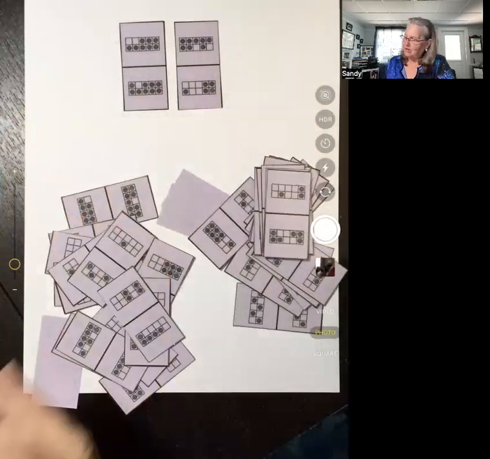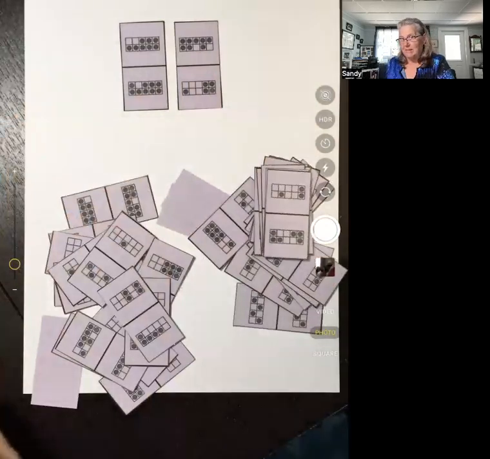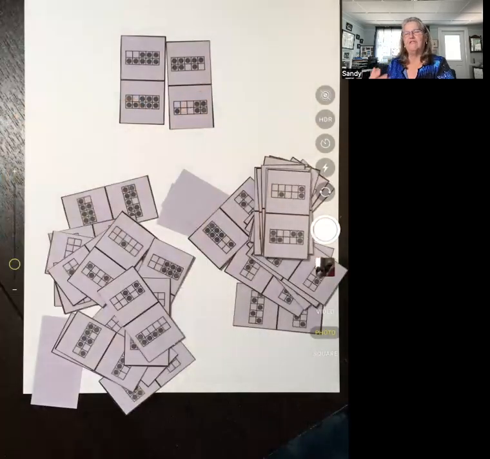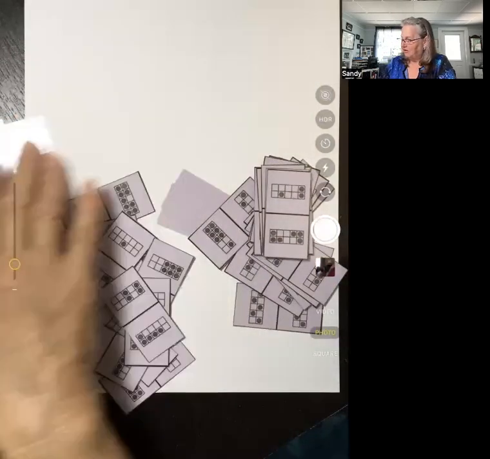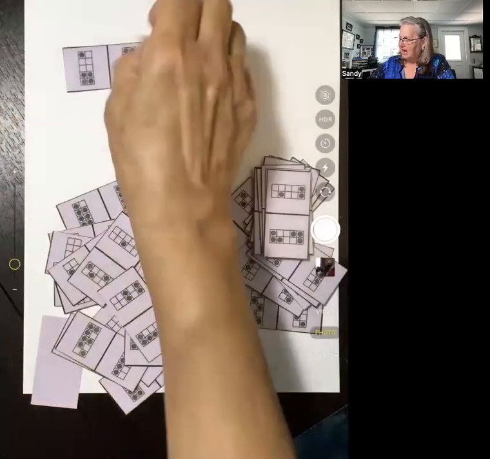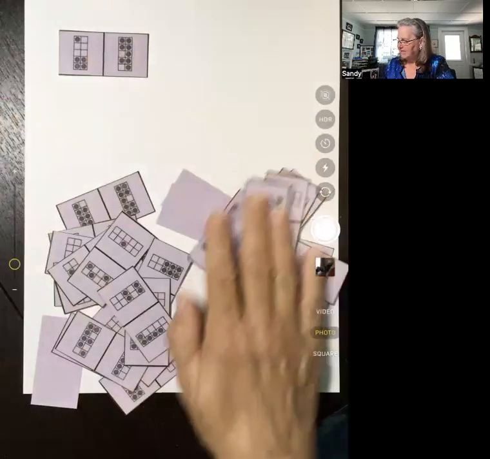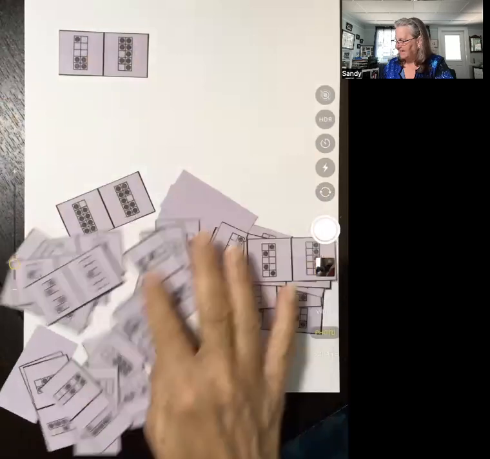Now, in grade K, grade 1 mainly, they would be using these as matching and just getting very comfortable with imagery for the quantities. But we need it for the foundation for the associative property imagery. So one thing I want to do is become very comfortable with combinations to make 10.